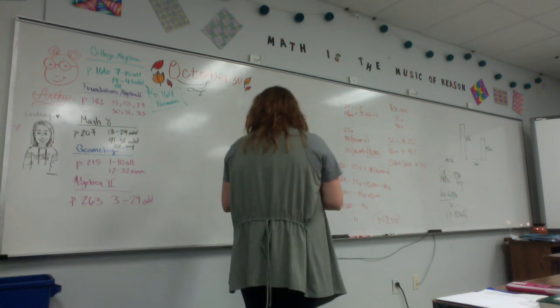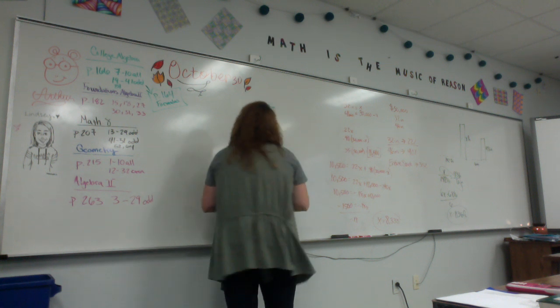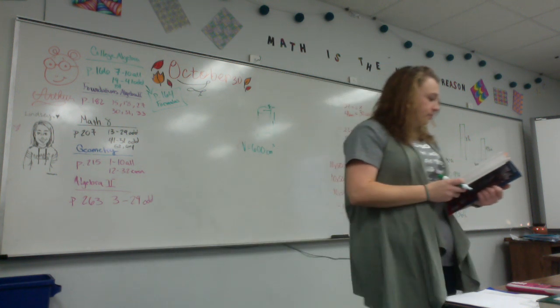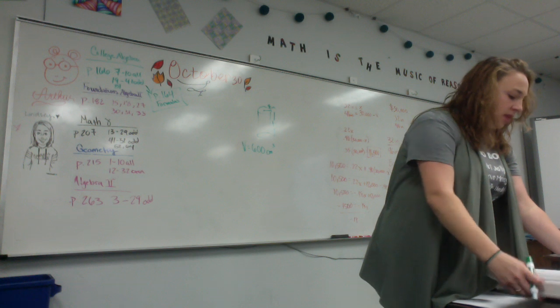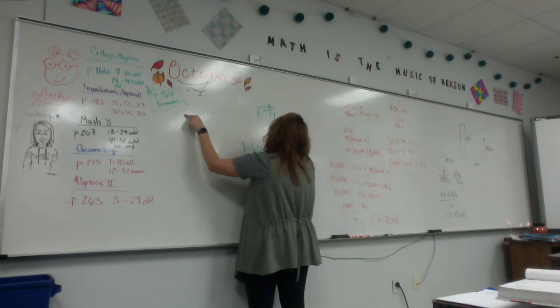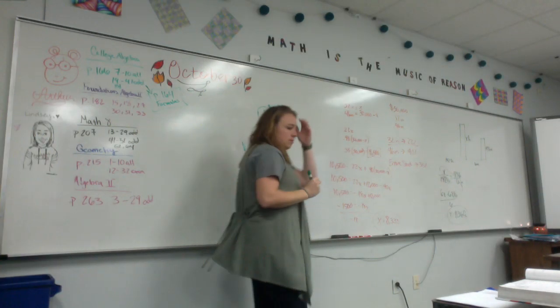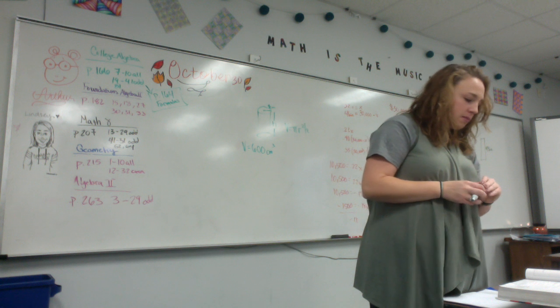It says find the height of the can. The equation for volume of a cylinder, this is why you'll need this page, is pi r squared times your height.